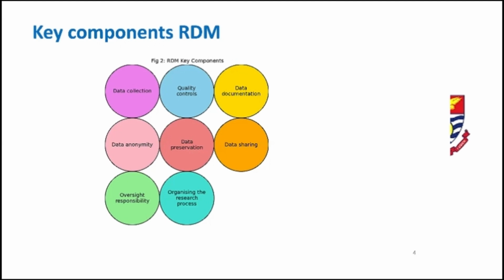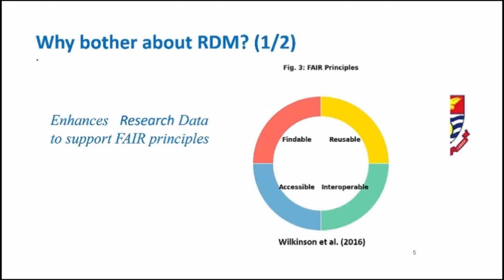Other components include data sharing, oversight responsibility, and organizing the entire research process. So all these components, or each of them, have their own respective utilities. This leads me to the question, why do we have to bother about research data management?